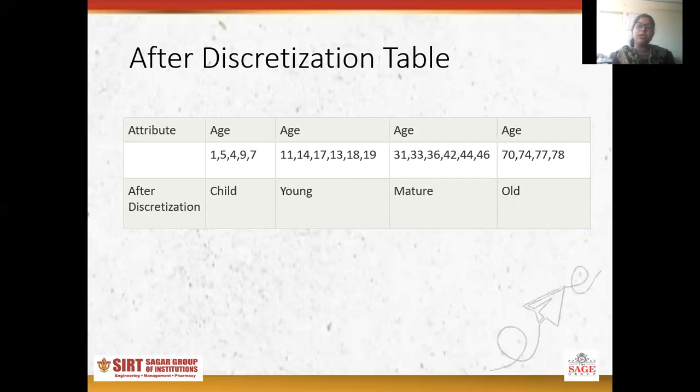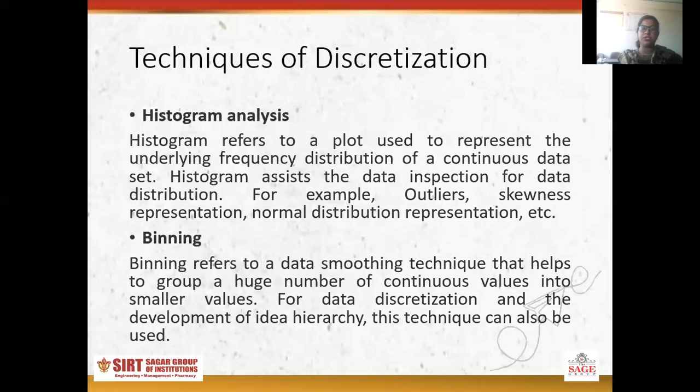And for old, 70, 74, 77, 78. So we can say that for the given numbers, we have discretized those ages into categories, right? So we can say this is a supervised discretization.